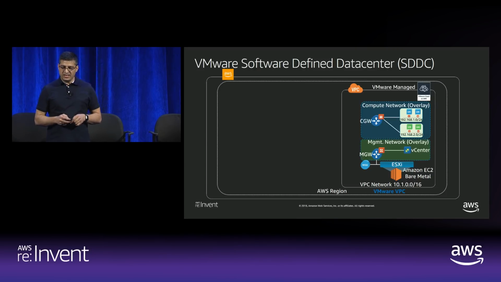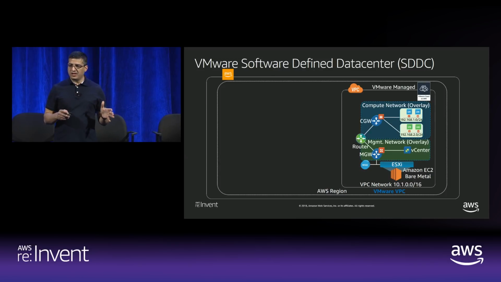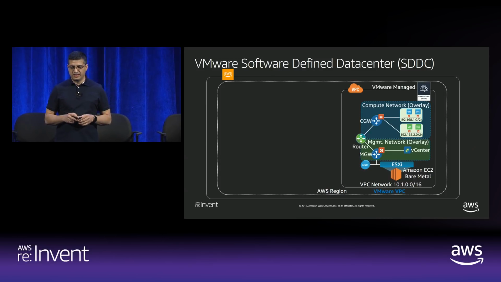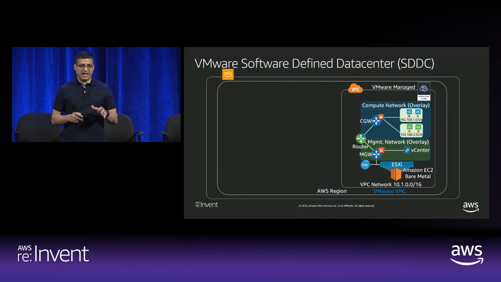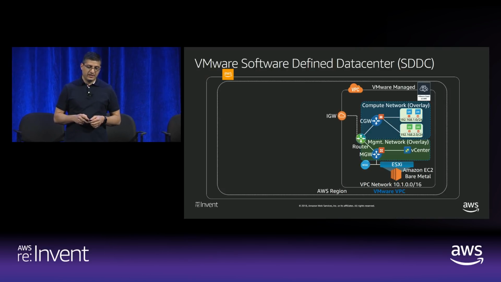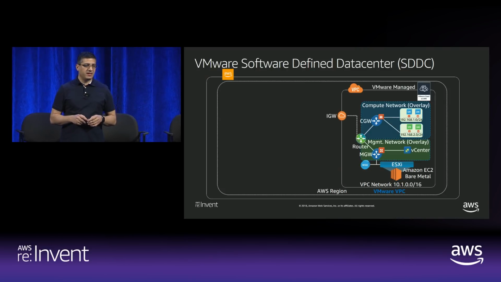Both MGW and CGW run on a software router, the NSX-T edge router. This edge router acts as a software router that provides connectivity to the cluster from remote networks. This router utilizes an internet gateway that's associated to the VMware managed VPC.